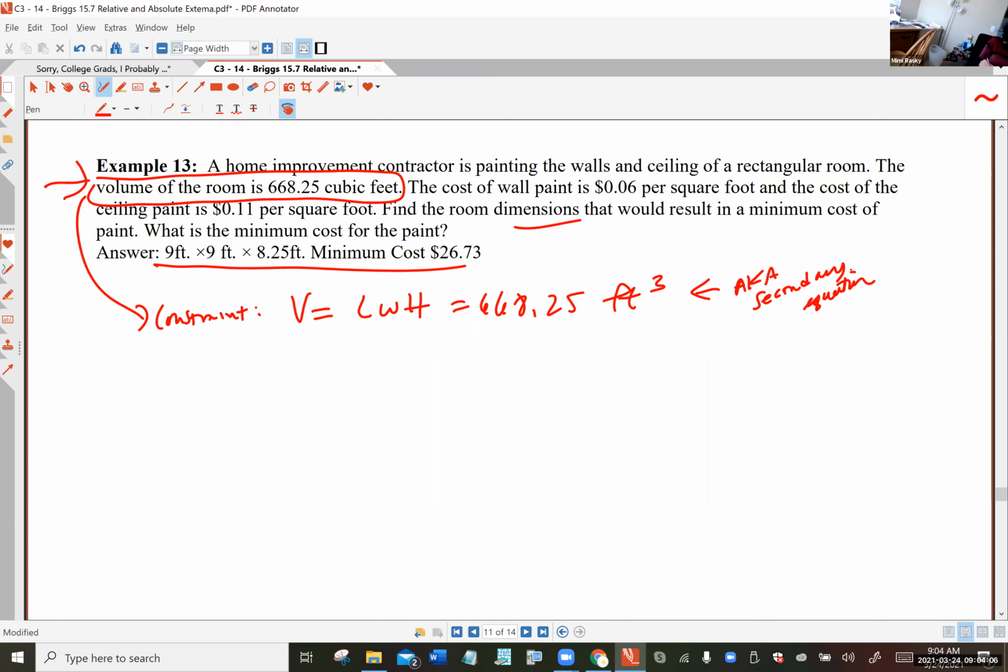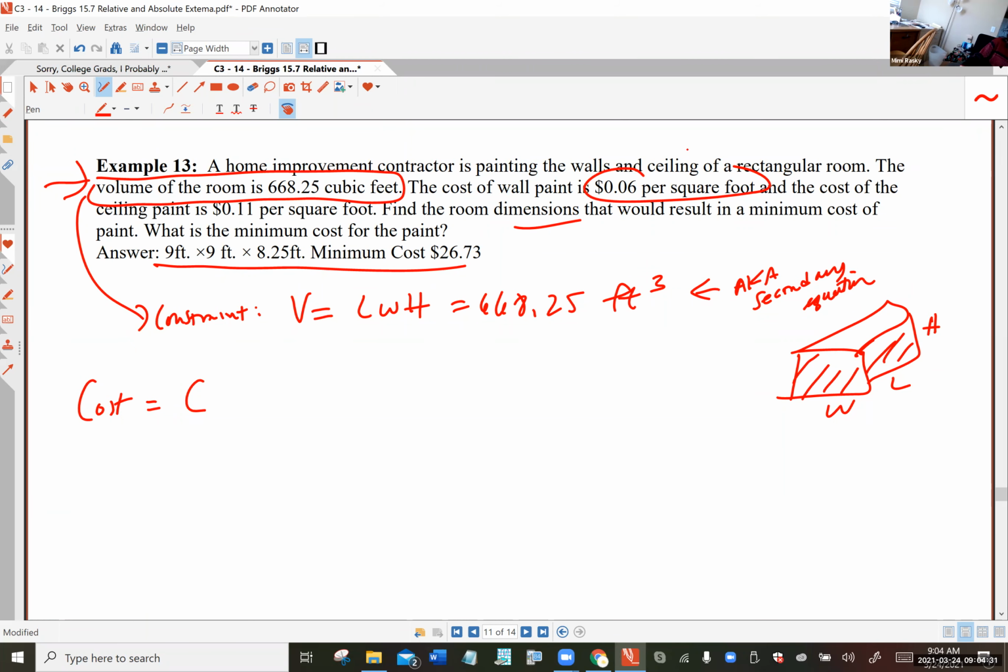Now, the cost, which we'll call big C, is going to be, now you've got to think about this. Let me draw a picture here of a room. Here's length, width, height. The walls, and there are 4 walls here, are going to cost us 6 cents per square foot. So we're going to do it by area.